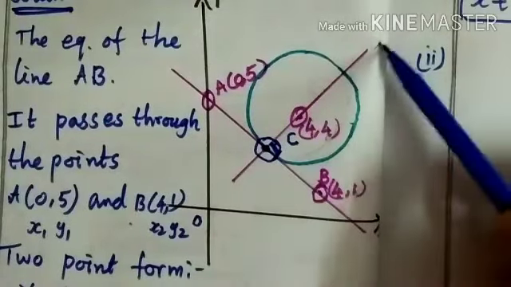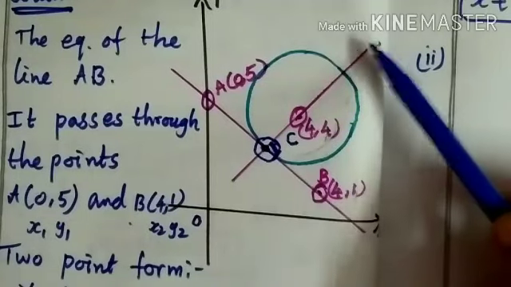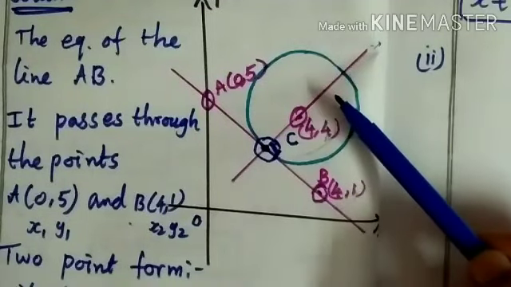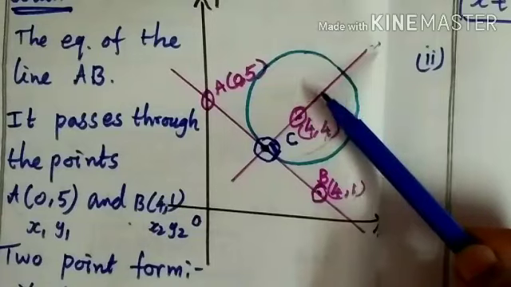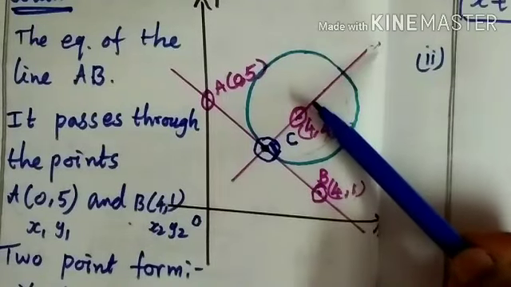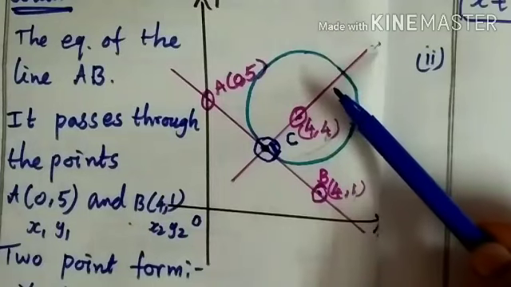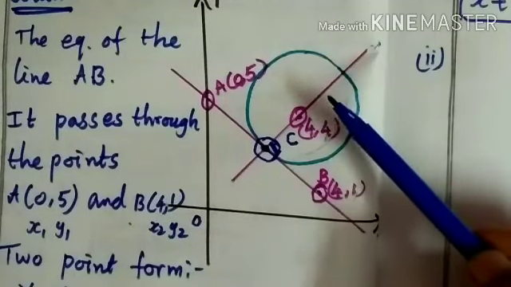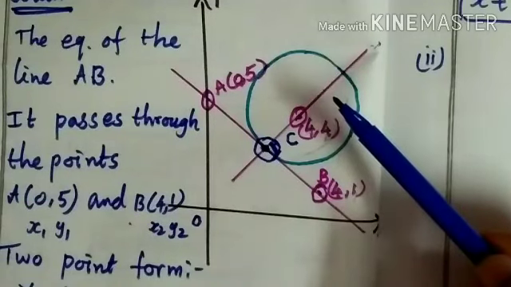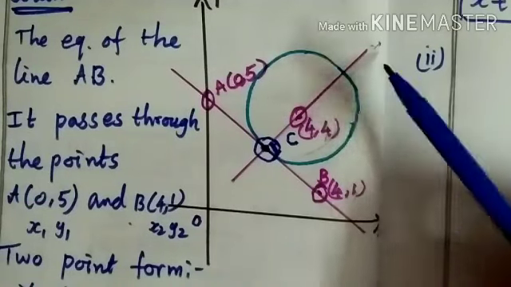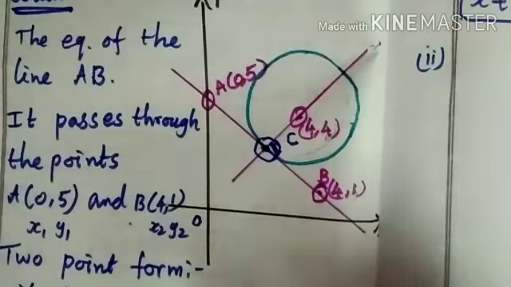We have to find this line equation in two ways. First way by using the slope point form. Then second way by using the perpendicular formula, that is bx minus ay plus k is equal to 0.